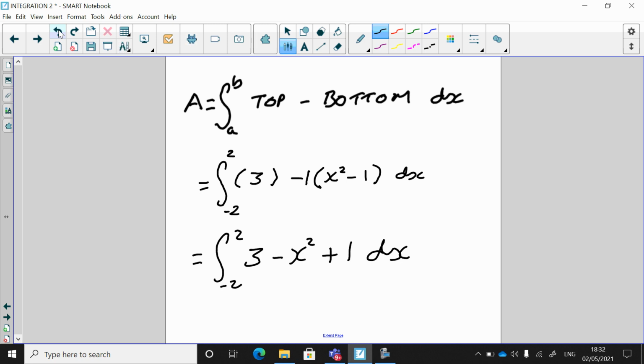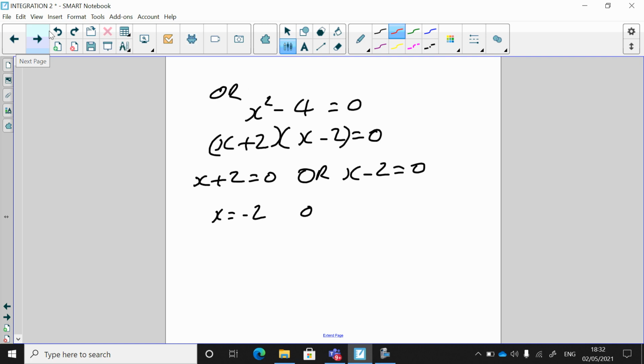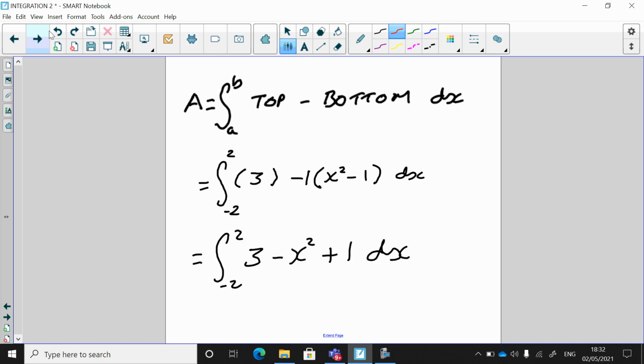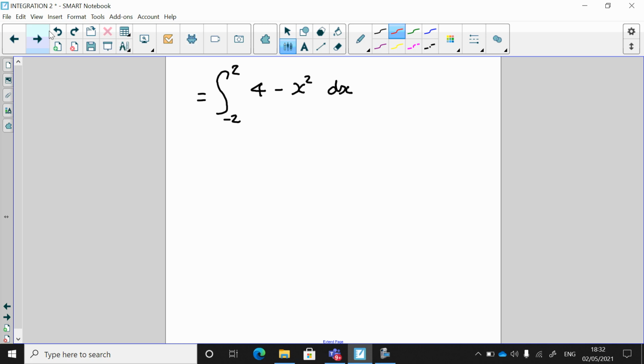So I'll get 3 and I'll get plus 1, which should give us 4, and we'll still be taking away x squared. Yep, apologies. 4 take away x squared, okay.